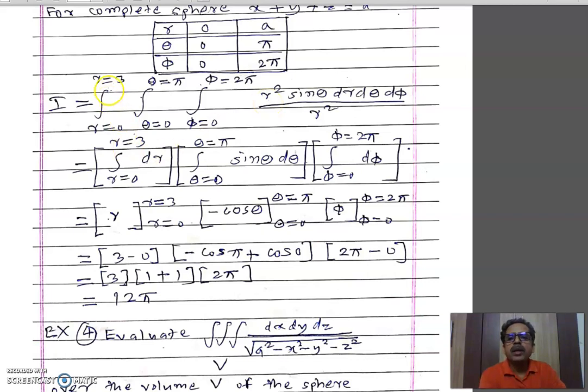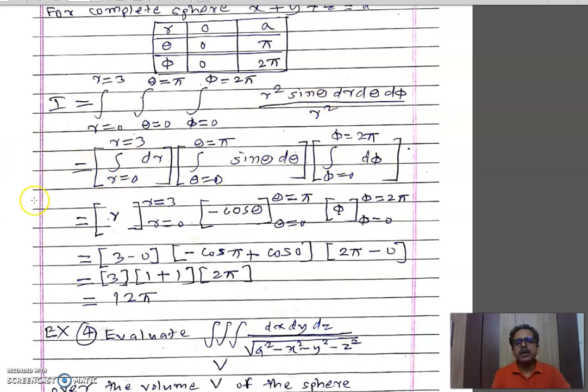So take an integral limit of r, and here r square gets cancelled, so only dr is left. Then integral limit of theta, function of theta, here is sin theta d theta, and integral limit of phi, here no function of phi, only d phi is here. And you can see that this triple integral is now a product of three single integrals.